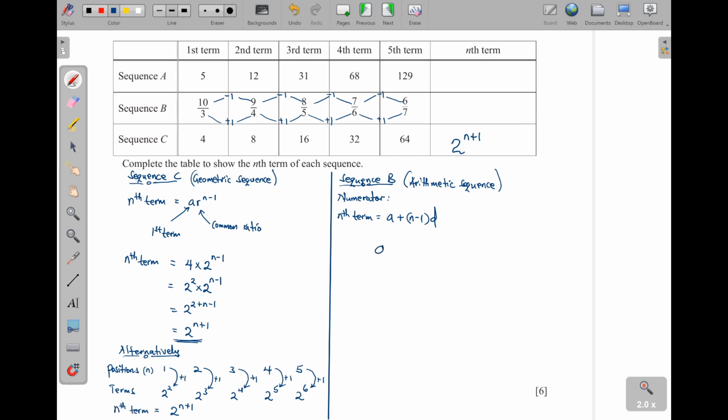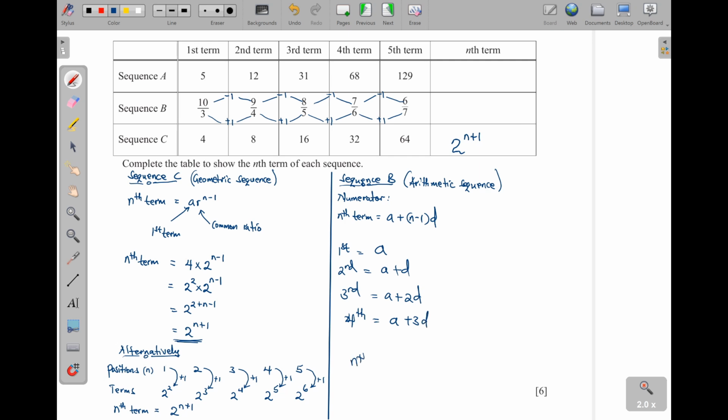So if the first term is a, then for the second term we are adding a common difference, so plus d. Then the third, we have gotten a plus d plus d, so a plus 2d. Then again add a d, you will get a plus 3d.